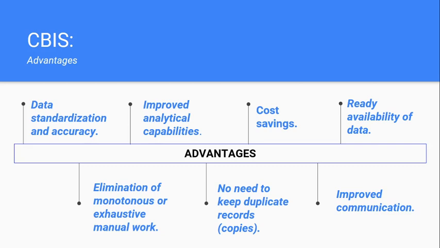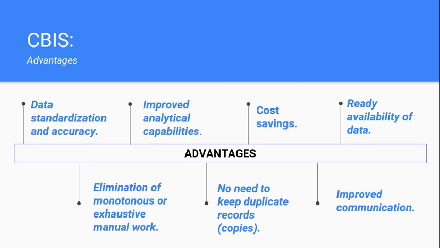Employees can be more focused on other productive tasks as they do not have to do the repetitive, monotonous, exhaustive manual work hour after hour. So there is an increase in employee productivity and less usage of manpower, which will ultimately lead to cost savings for the organization in one way, right?